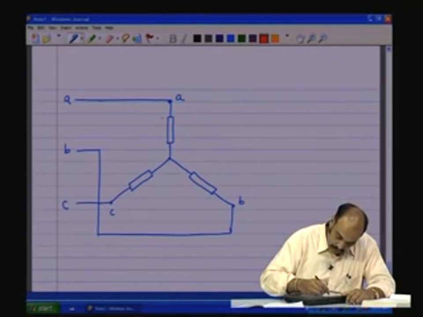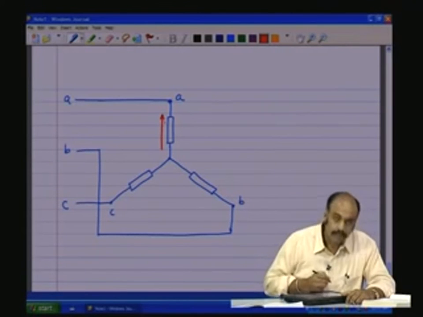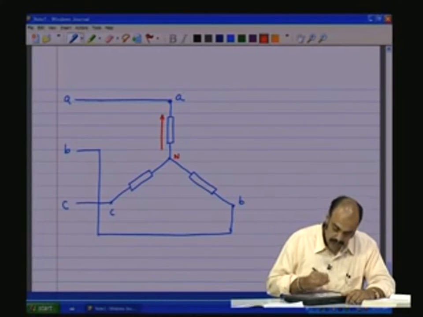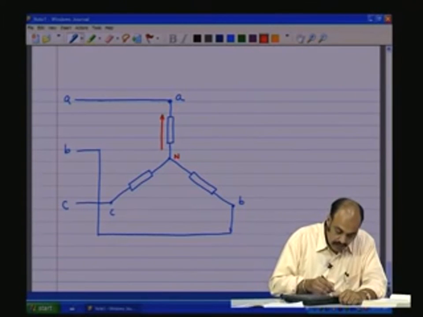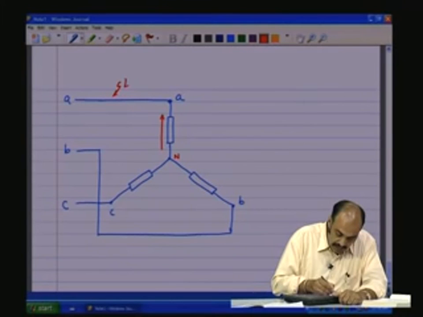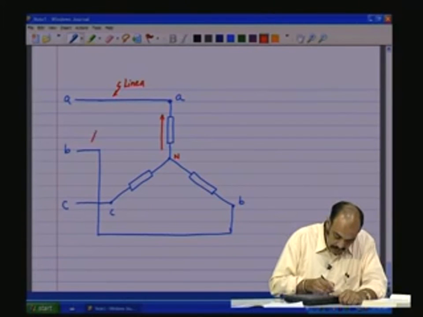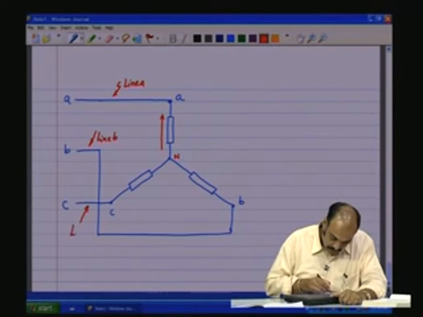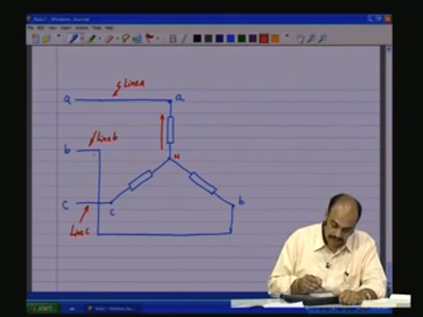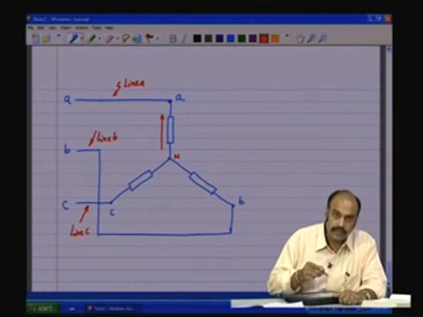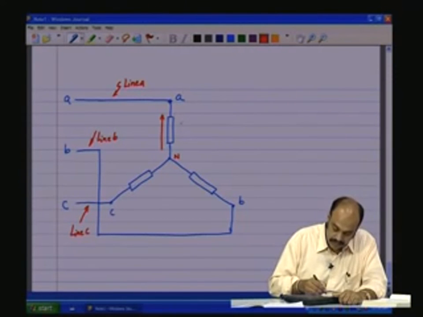Now, the voltage across each of the phase, and let me call this one as N or the neutral, across each of the phase, that is, this is called line, this is called line A, this is called line B, and this is called line C. Line A, line B, line C. Between the line and the neutral is called the phase, and this portion is called the phase circuit.